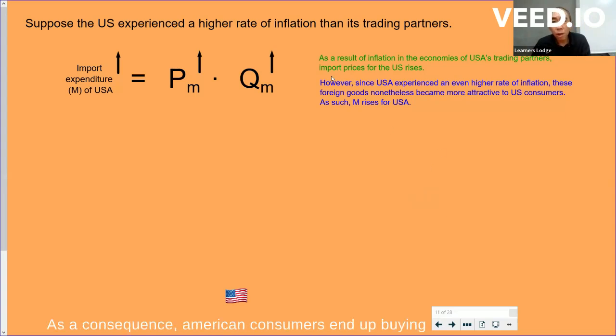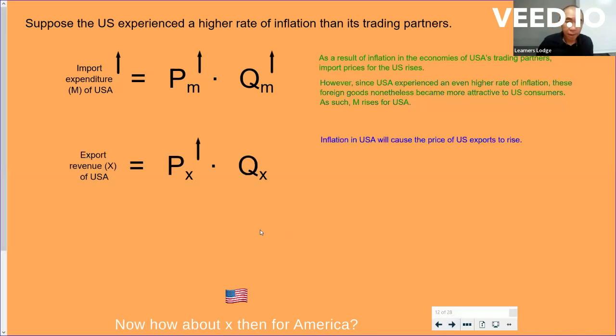As a consequence, American consumers end up buying more imported goods. So the quantity of imports increases in spite of the price increase. Now, the import expenditure by Americans, which is price times quantity, would surely have to increase as well. Note here that since P and Q are both rising, there was no need to make any assumption pertaining to the price elasticity of demand for imports in America. So then we know M rises for America.